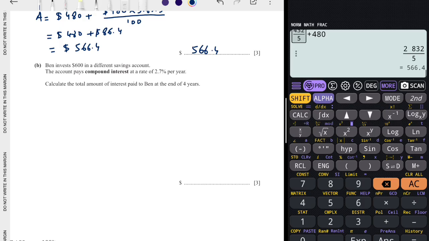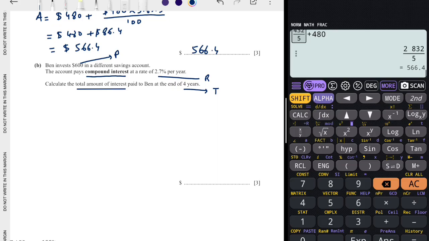Ben invests $600 in a different savings account. So this is the principal amount, and the account pays compound interest at a rate R equal to 2.7% per year. Calculate the total amount of interest paid to Ben at the end of 4 years.